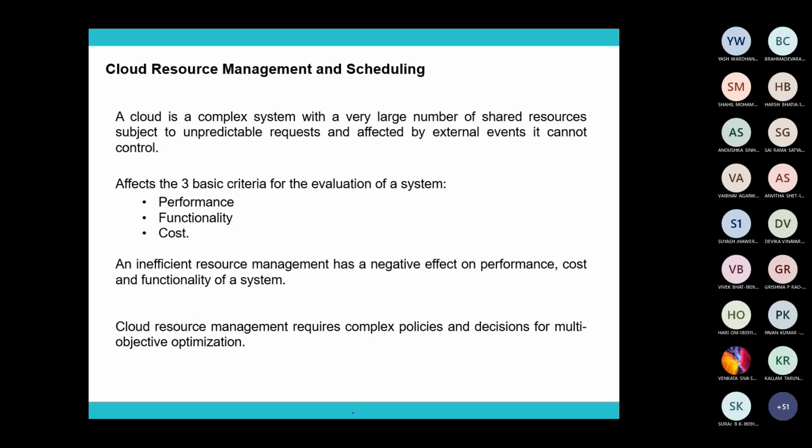If you don't manage these resources properly, it will definitely have a negative impact on the performance, functionality, or cost. To efficiently manage these cloud resources, cloud resource management requires complex policies and decisions, which are of multi-objective optimization.